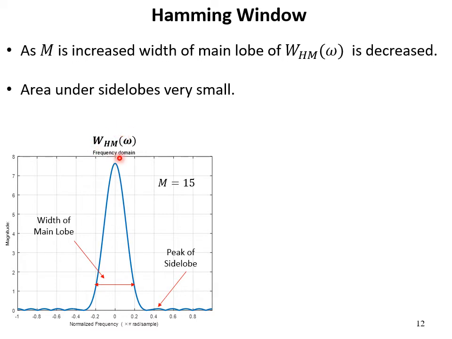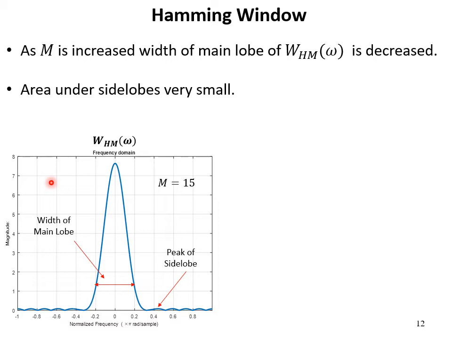Now here we have plotted the frequency response of the Hamming window function, and now you can see that the amplitude of the side lobe is very low. They are practically non-existent, right, for the same value of m. So we have very small side lobes, and the width of the lobe, however, seems greater than the rectangular window function, right.